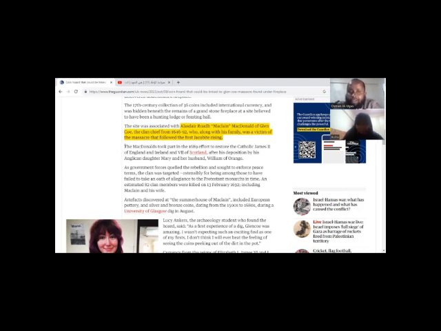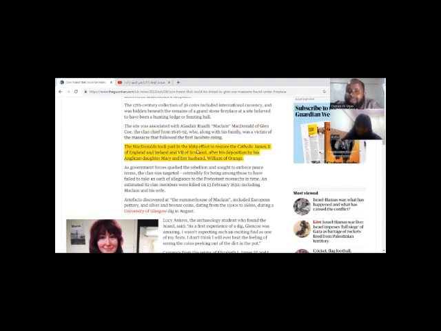The MacLeods, why were they massacred? They took part in the 1689 effort, so they tried to restore Catholic James II of England, Ireland and Scotland after his deposition. So they tried to return King James II to the throne.